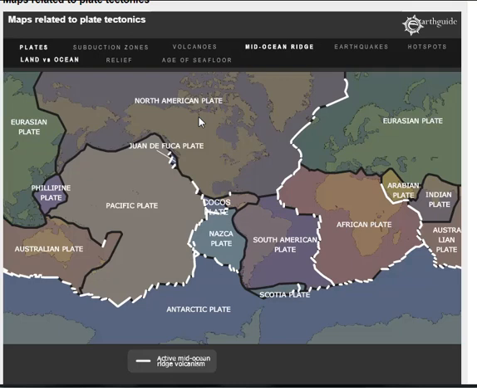What are the names of the two plates that lie to the west of the North American plate? There are actually 3 different answers we could have for that. The two plates that are directly west of California are the Juan de Fuca plate, which is slowly disappearing, and there are 3 different subduction zones, or spreading zones, in that area.